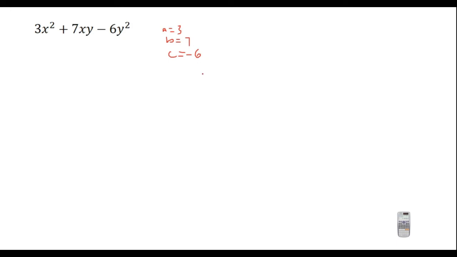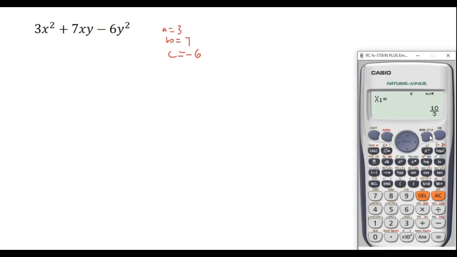So you go onto the calculator and you feed this information into the calculator. So to find equation, press on mode, press on 5, then choose the third option as your quadratic equation. So we know that A is 3, B is 7, and C is negative 6.